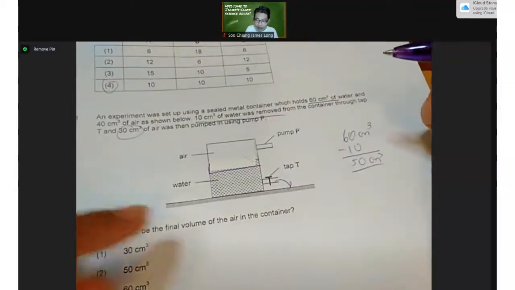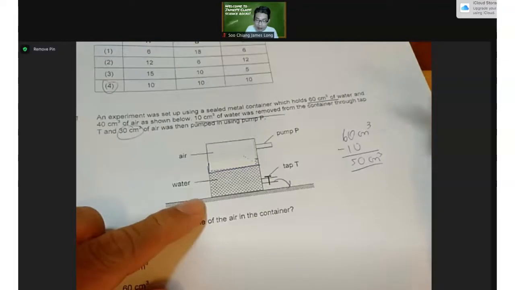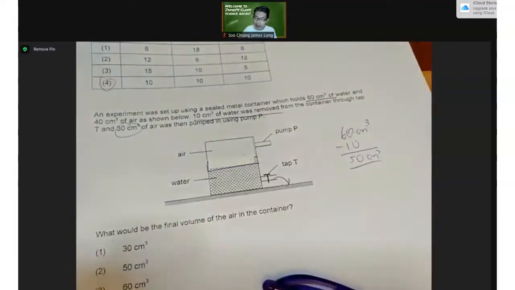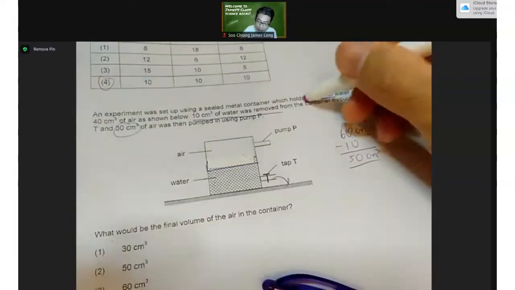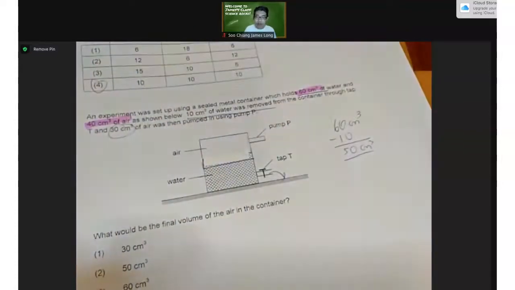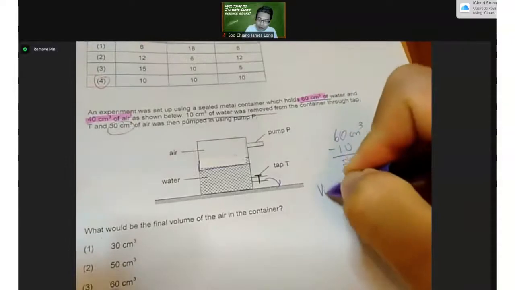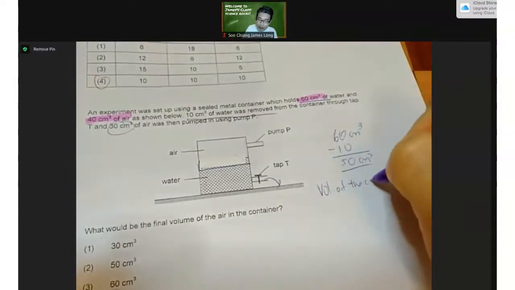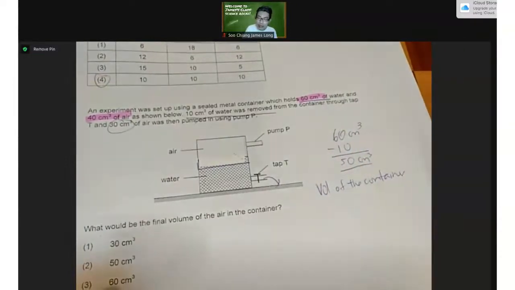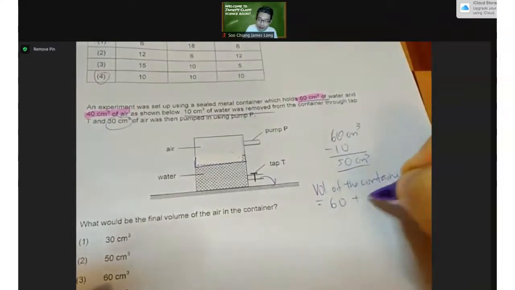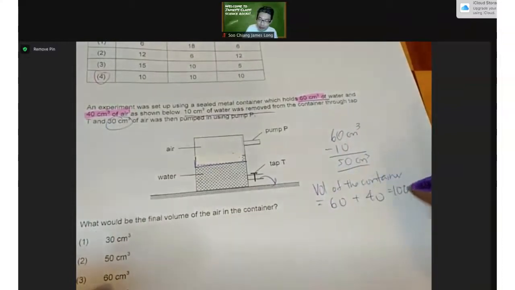So let's take a look at the container, right? It says that this container at first contains 60 cubic centimeter of water and contains 40 cubic centimeter of air. So at first, the total volume of the container is 60 plus 40 equals 100 cubic centimeter.